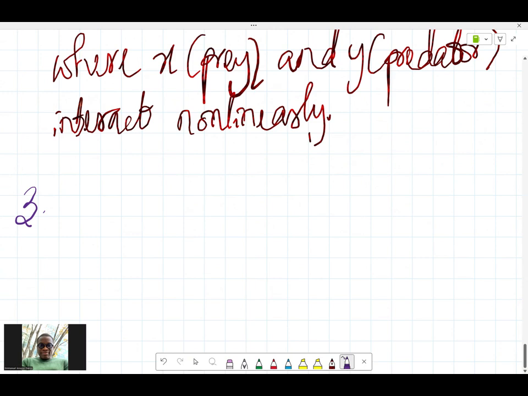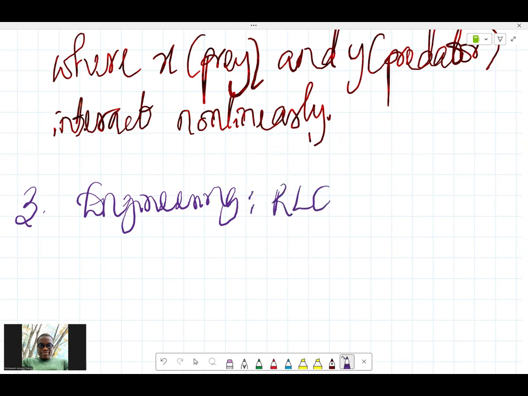So we have a third example in engineering, especially electrical engineering. Talking about RLC circuits, resistance, inductance, and capacitance circuits.